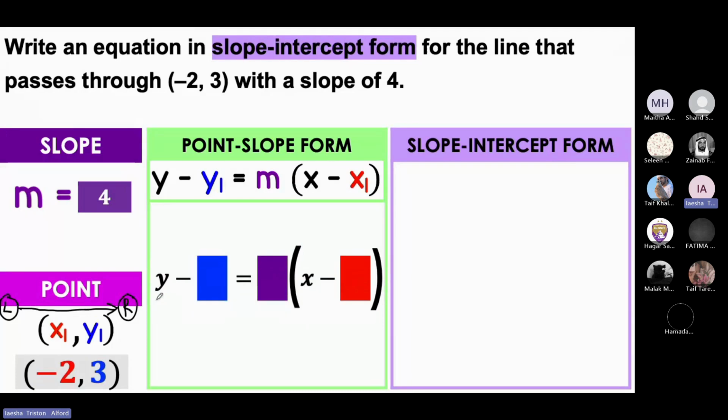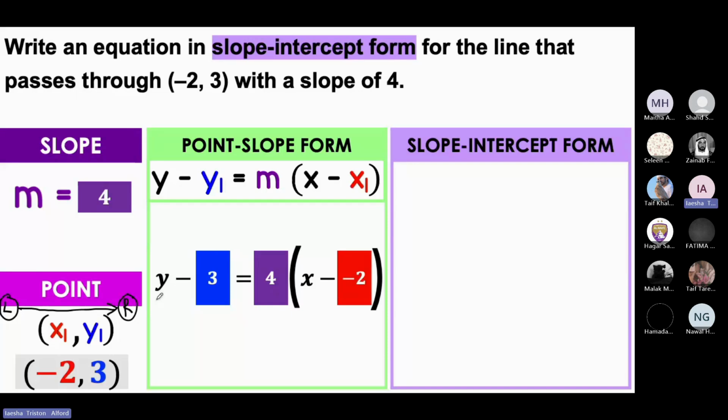Put the boxes so that you know where to put your number. y1, we should have what? +3. For m, we should have what? +4. For x1, we should have what number?